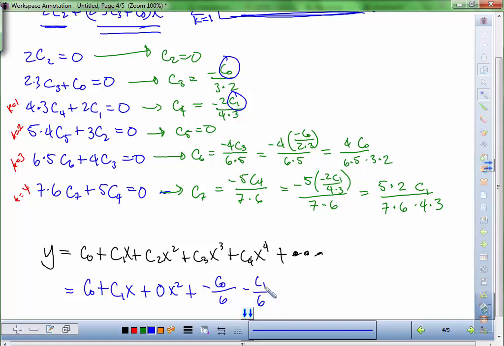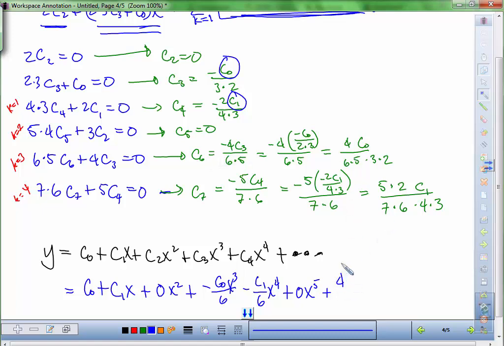Our C3, x to the third, x to the fourth. We don't want to leave our x's out. Our C5 is 0. Our C6 is 4.